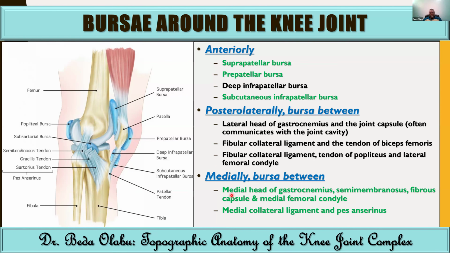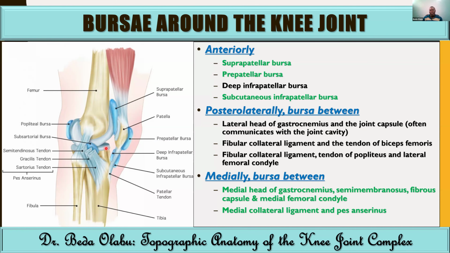Now, on the medial side, the medial bursae, we have the bursa related to the medial head of gastrocnemius, which also extends to abut the semitendinosus tendon, and sometimes may also abut the medial femoral condyle and the fibrous capsule. It's a complex bursa. That complex bursa usually communicates with the knee joint as well.